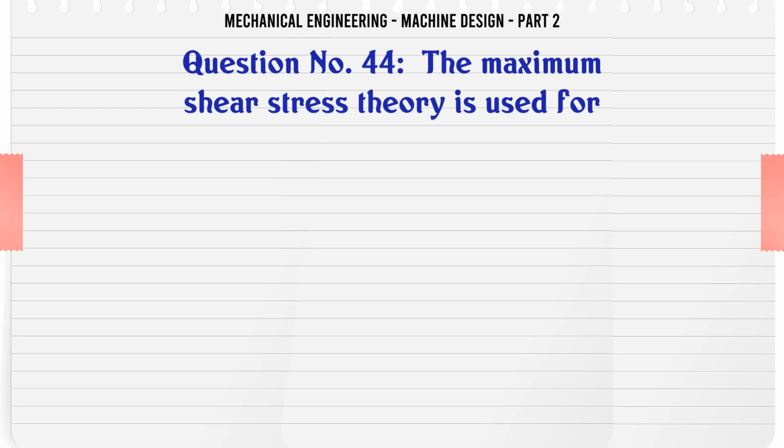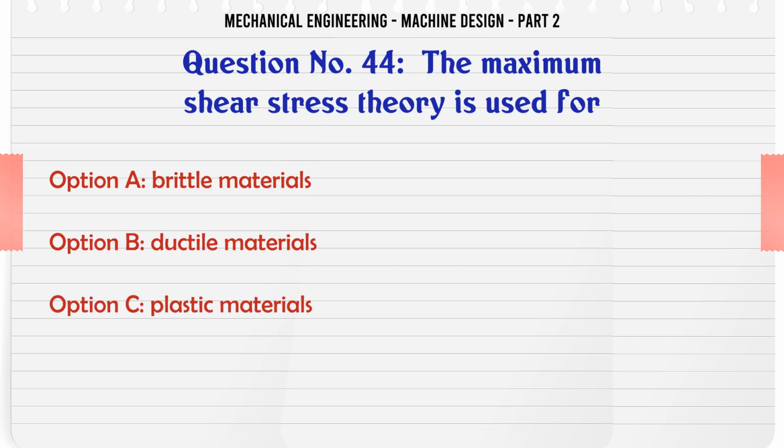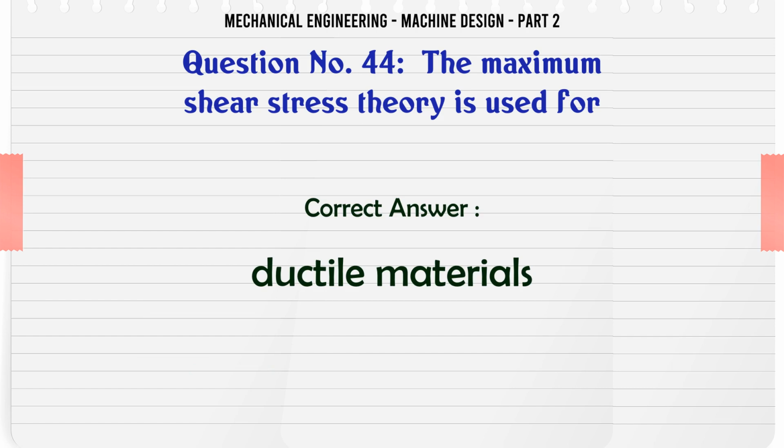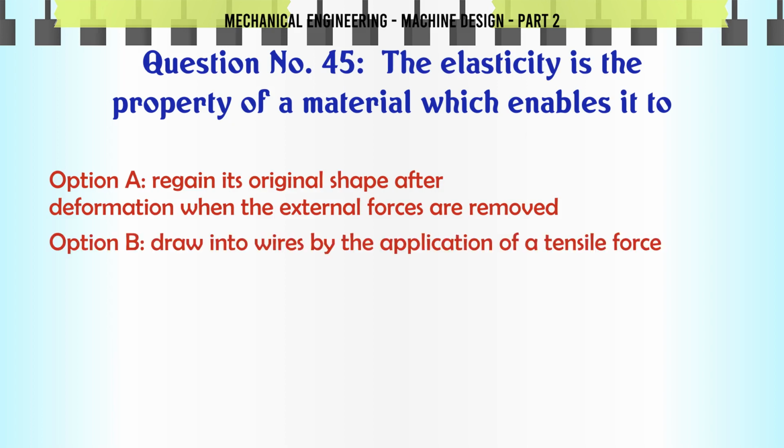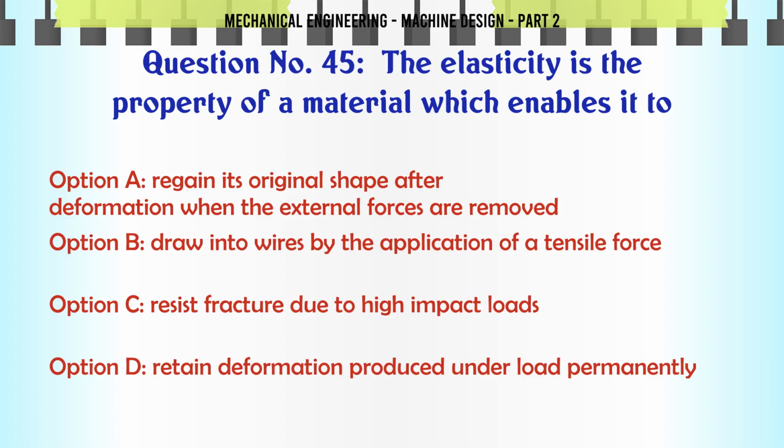The maximum shear stress theory is used for A. Brittle materials. B. Ductile materials. C. Plastic materials. D. Non-ferrous materials. The correct answer is ductile materials. The elasticity is the property of a material which enables it to A. Regain its original shape after deformation when the external forces are removed.